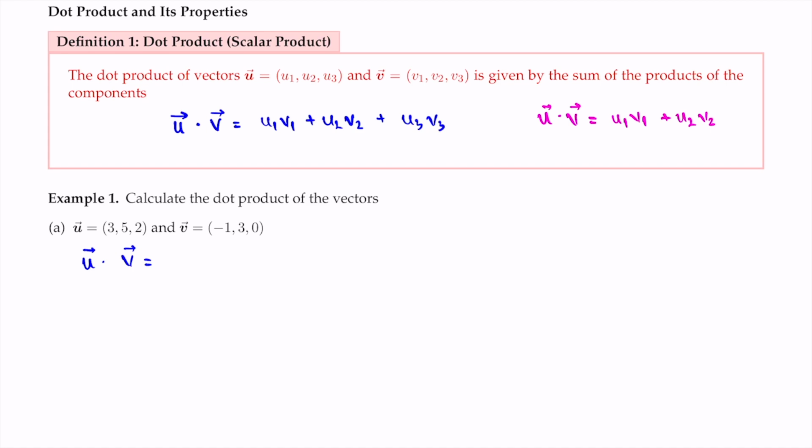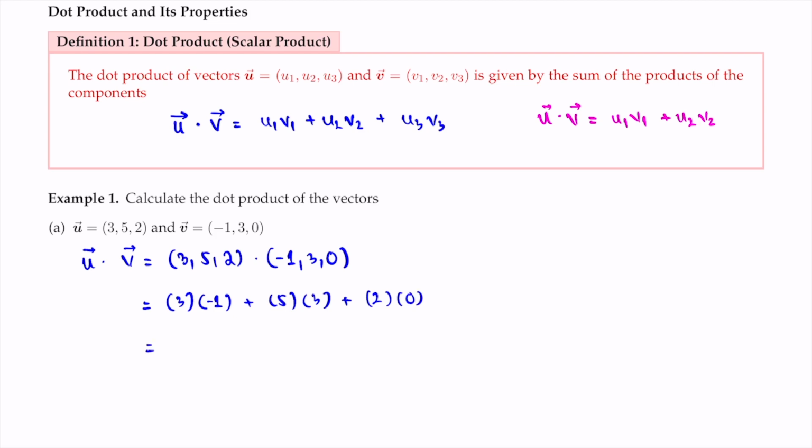So u dot v is equivalent to the vector 3, 5, 2 dot with negative 1, 3, 0. When you apply the formula, you get 3 times negative 1 plus 5 times 3 plus 2 times 0. And you get negative 3 plus 15, equal to 12.